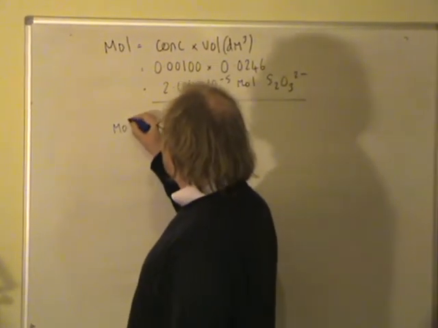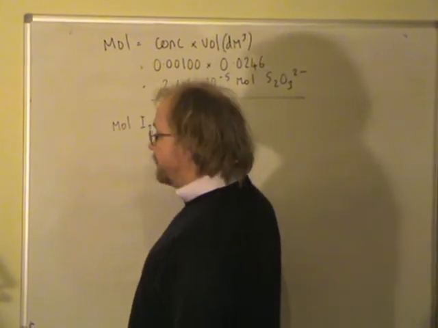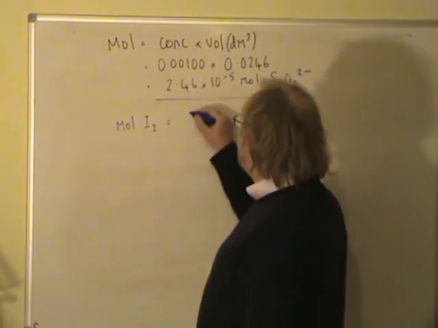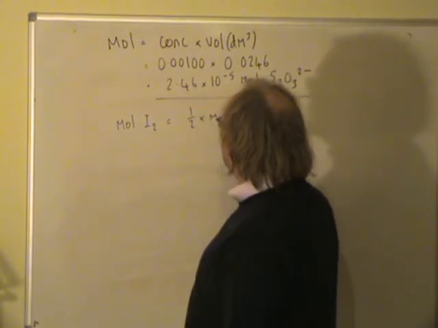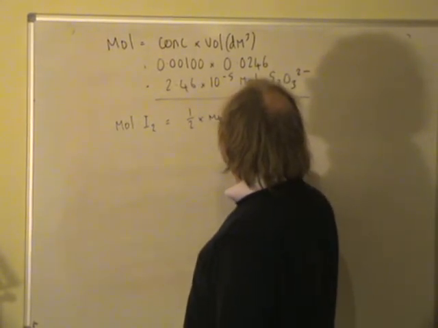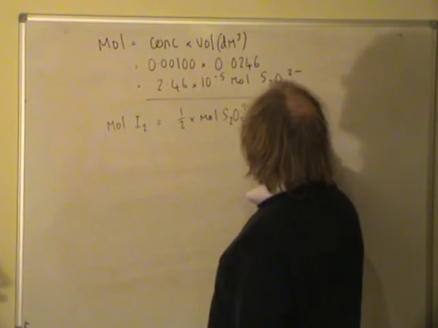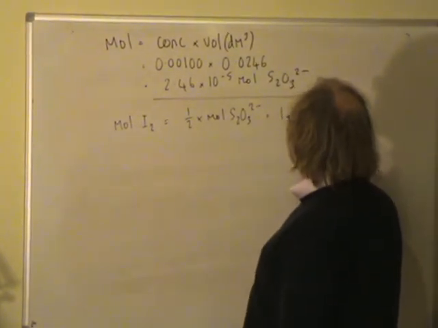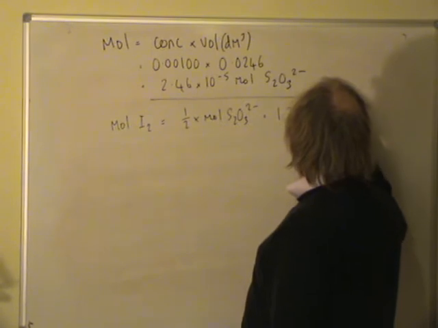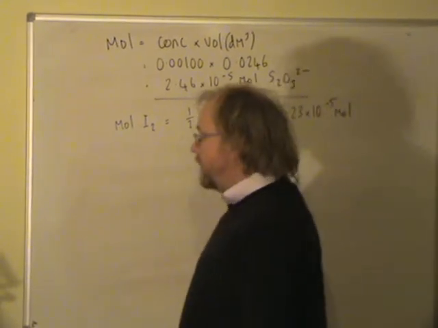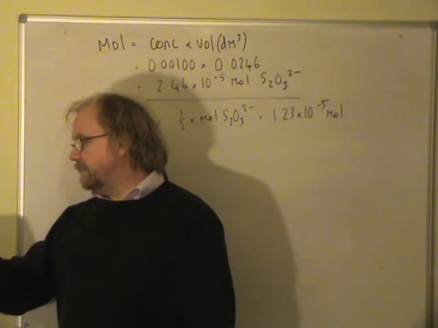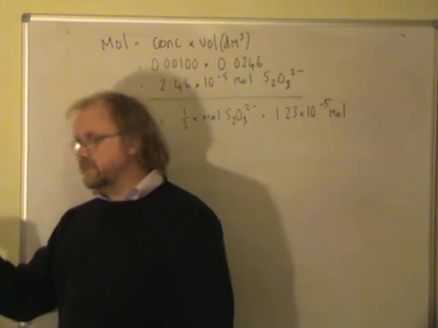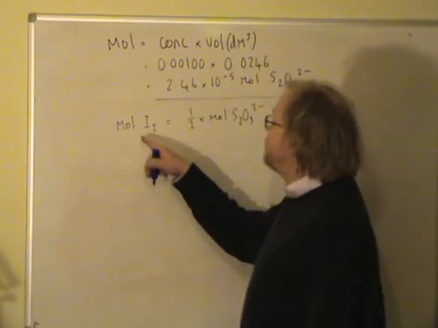So we get moles of iodine, and you can see from the equation is just a half of the moles of thiosulfate, which is 1.23 times 10 to the minus 5 moles. Okay, because every 2 moles of thiosulfate react with just 1 mole of iodine, so we've halved to get the moles of iodine.